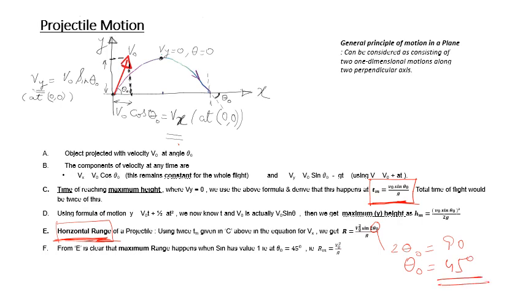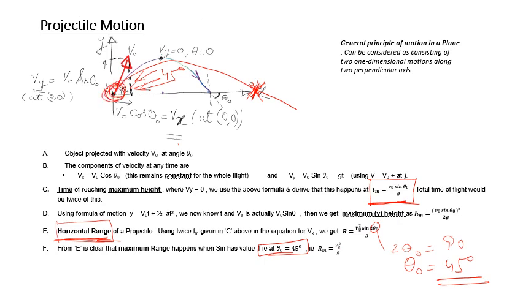So if you project the projectile at 45 degrees, coming back to this diagram at the top, if this theta 0 becomes 45 degrees, then this projectile will reach the maximum distance. It will drop at the maximum distance away from origin.